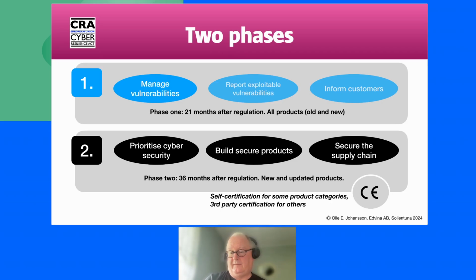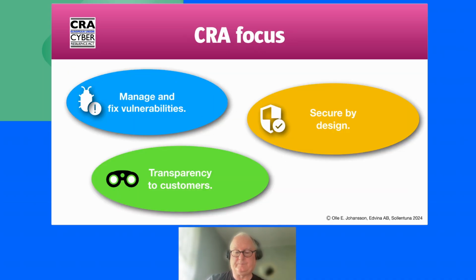And that is, like we said, to secure the supply chain, build secure products, and prioritize cybersecurity. So again, the focus is on transparency, secure by design, and managing and fixing vulnerabilities.